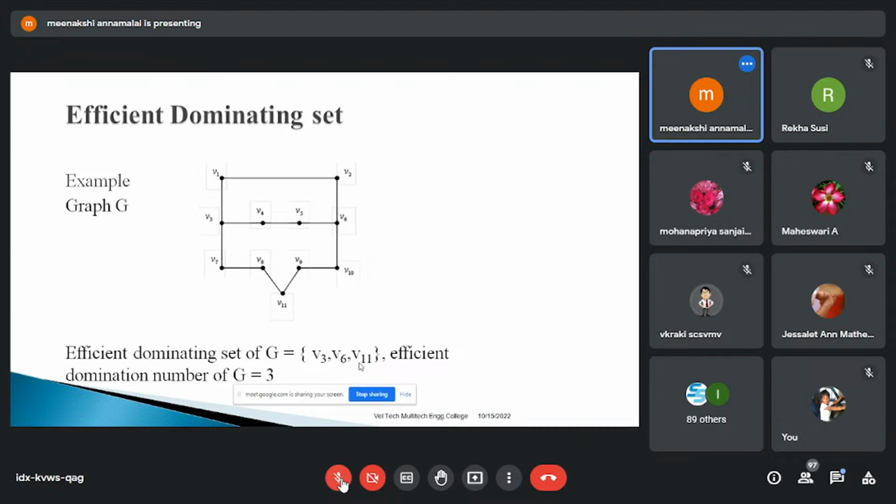Consider V3, whose closed neighborhood is V3, V1, V7, V4. For V6 it is V6, V2, V10, V5, and for V11 it is V11, V8, V9. If we take the intersection of the closed neighborhood of V3, of V6 and of V11, it is equal to empty. That's why it plays a very effective role in the network.